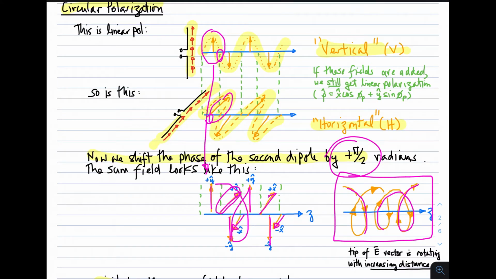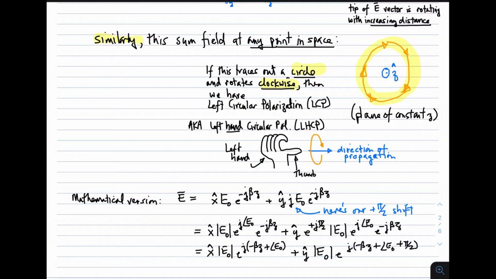So when that horizontal dipole was phase shifted by plus 90 degrees, we get this particular direction of rotation for the tip of the electric field vector. And we refer to this as left circular polarization, or LCP.